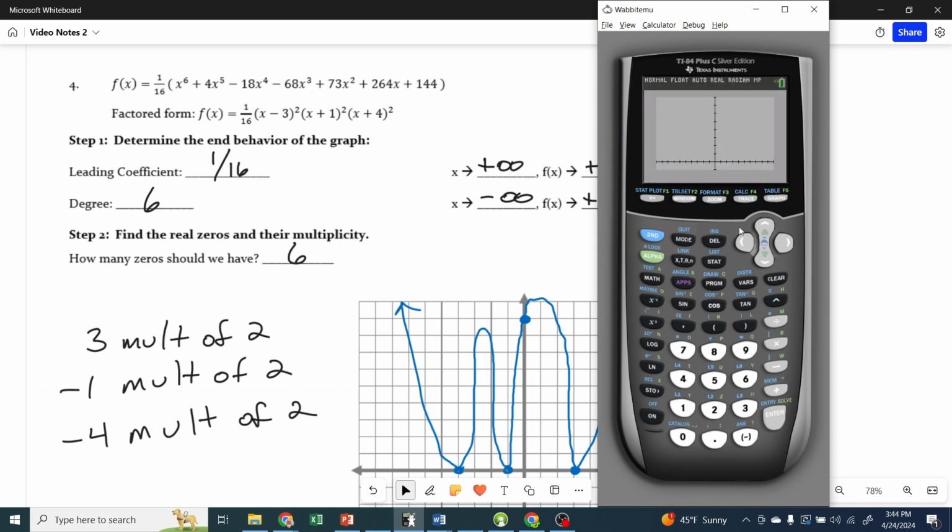Let's see what we got here. Oh, wow. So we don't need to go, let's go up to 40.